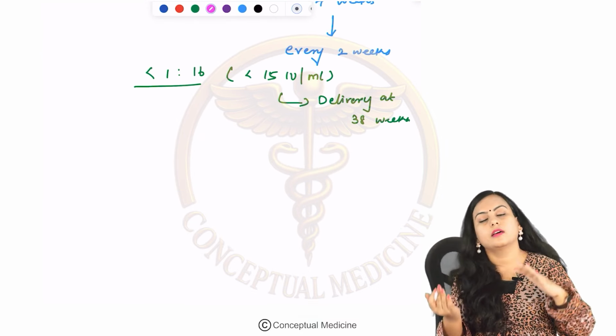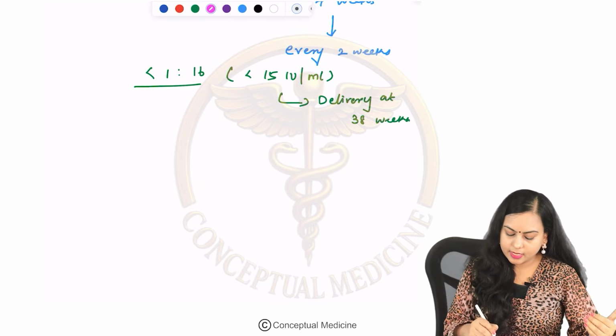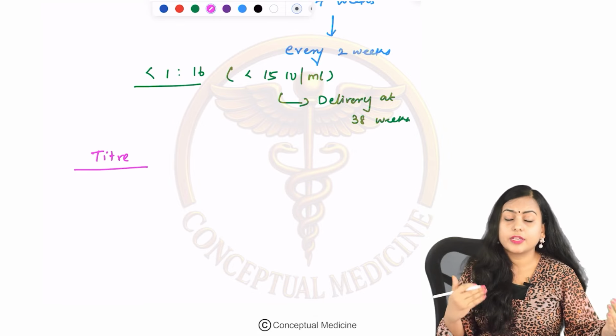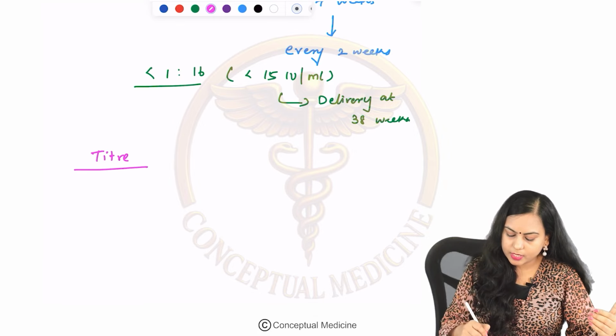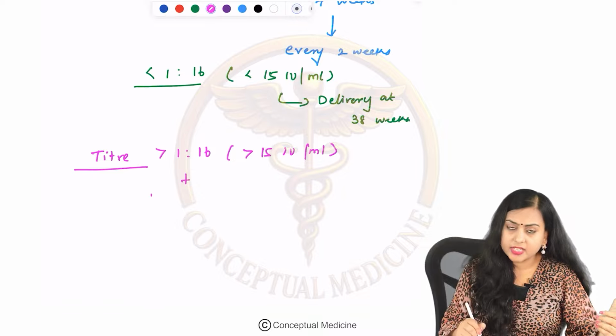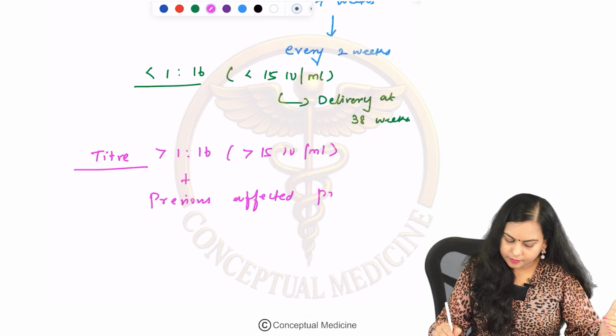Suppose the patient is a multigravida and she has a previously affected pregnancy, then you have to check and when you check the titer, it is also going to be more than 1:16 or more than 15 international units per ml, and other criteria I said is she has a previous affected pregnancy.